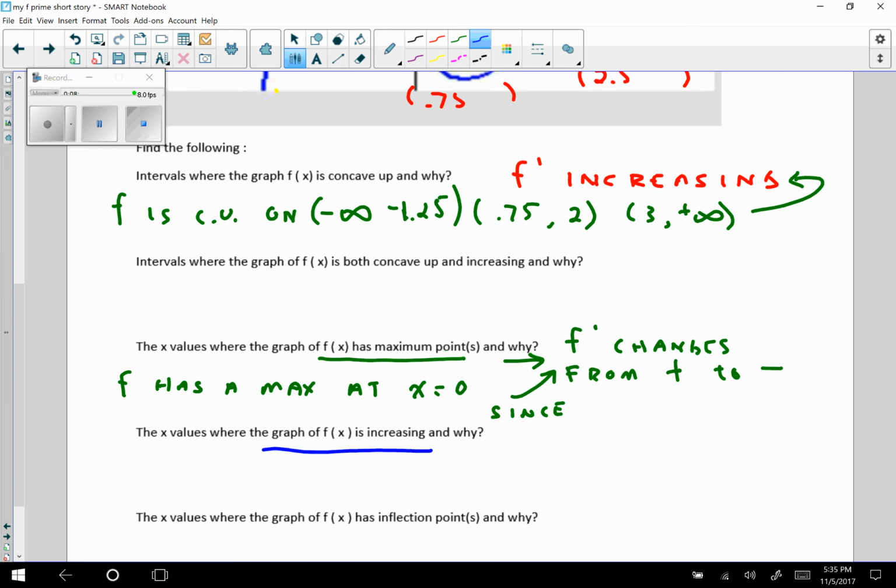So if you're given f prime, f is increasing when f prime of x is positive. That is when f prime is above the x-axis. So let's find out where f prime is positive. When f prime is positive, f is going to be increasing.